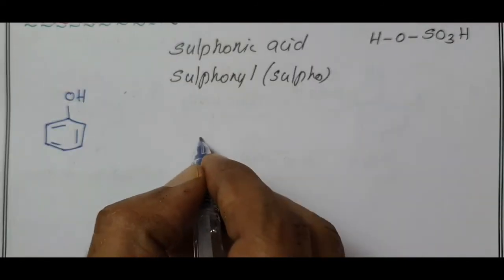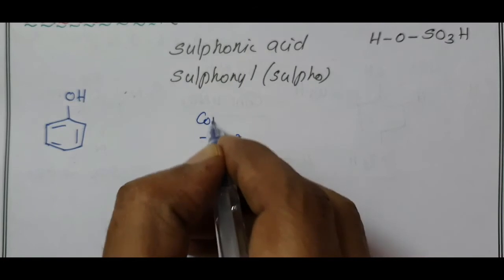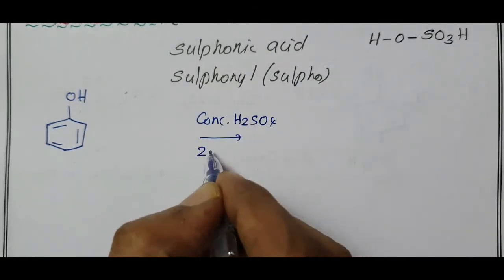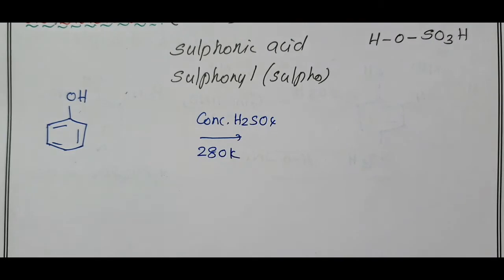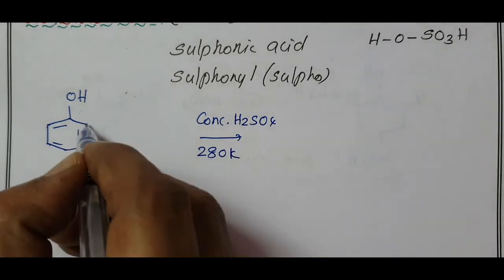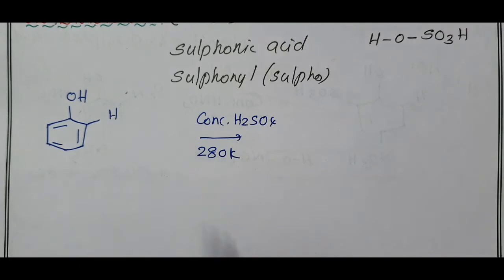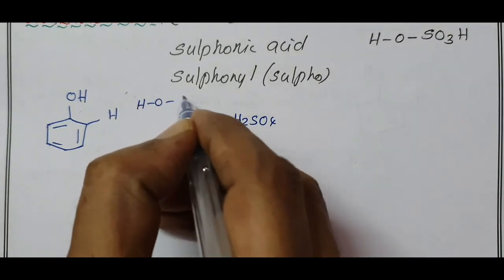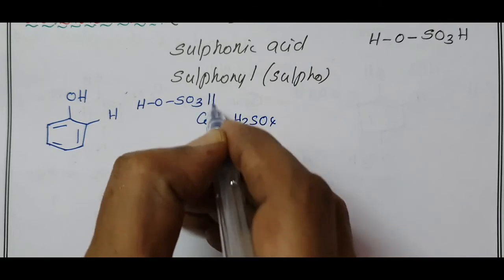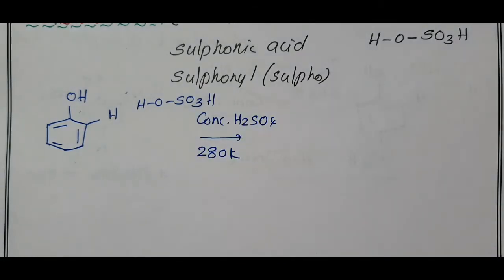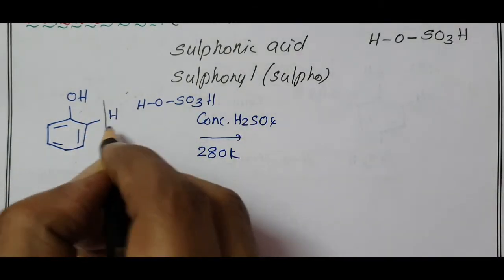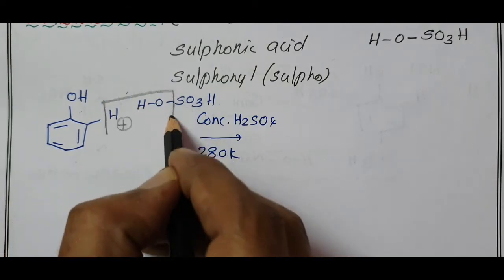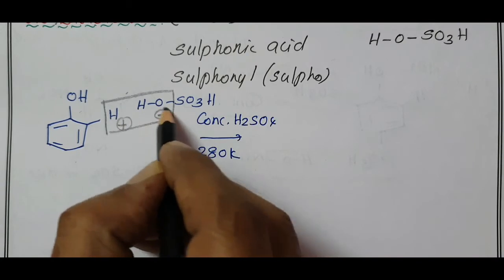With concentrated sulfuric acid, when heated to 280 Kelvin, an ortho hydrogen is separated. It undergoes reaction with the concentrated sulfuric acid HOSO3H. One H plus from the benzene ring ortho carbon atom and OH minus from sulfuric acid is removed as H2O.